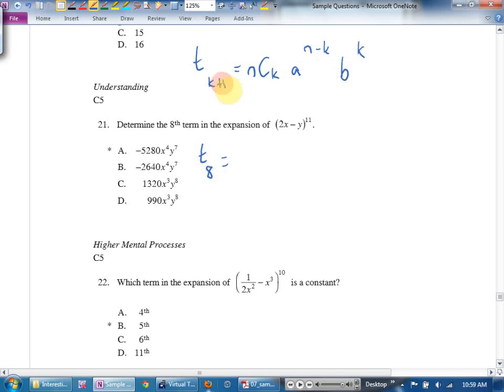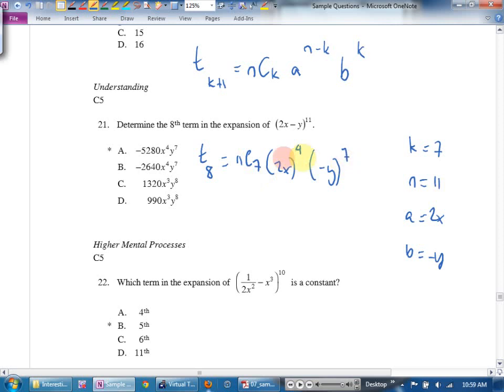Easy. n is the exponent, 11. a is 2x. b is negative y. So you're going to get 11 choose 7, 2x to the 4th, negative y to the 7th. Please notice you will get a 2 to the 4th as part of your simplification. Don't forget that. And you will get a negative to the 7th. Your final answer is going to be negative.